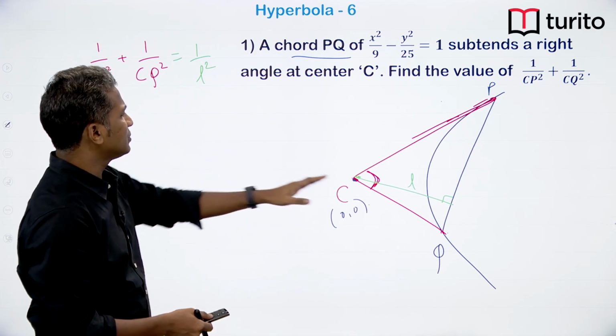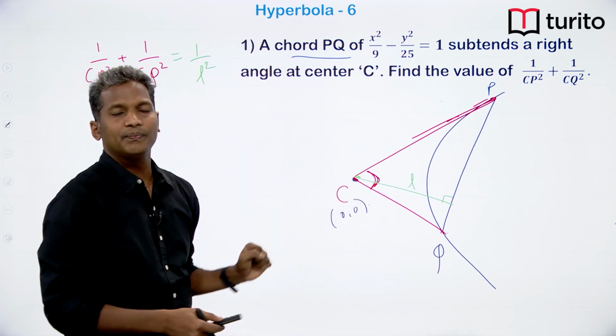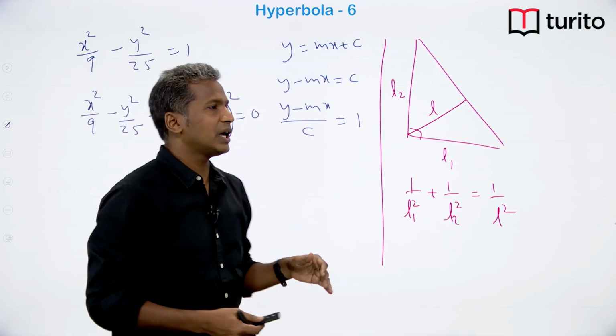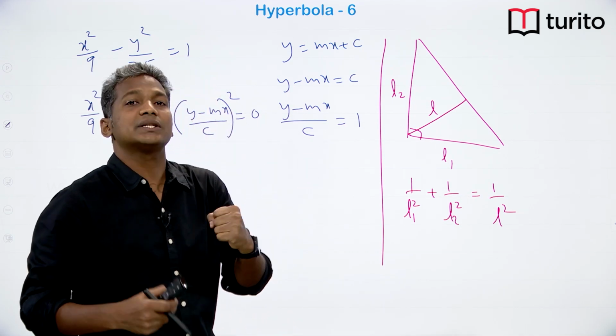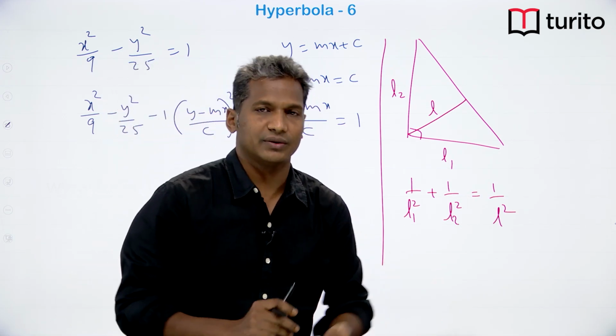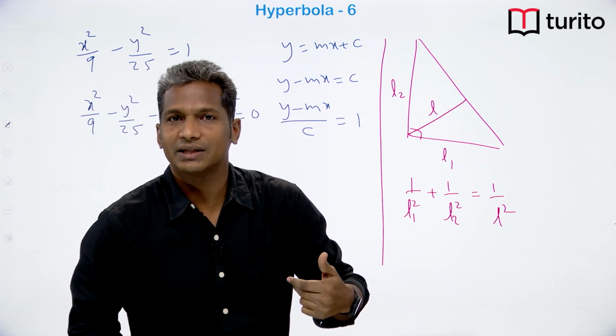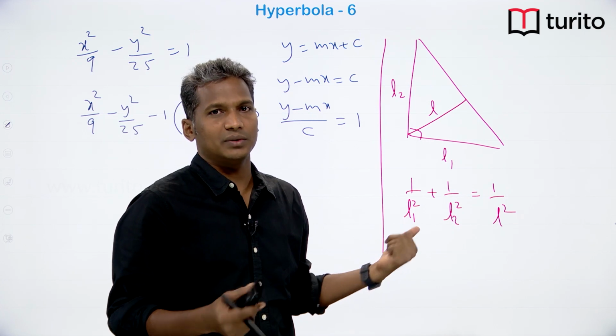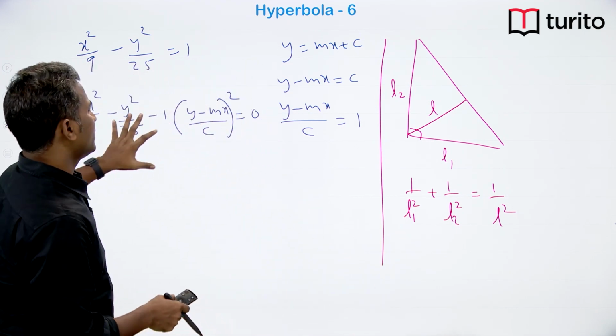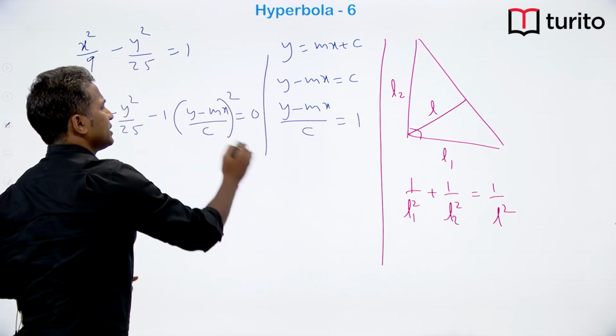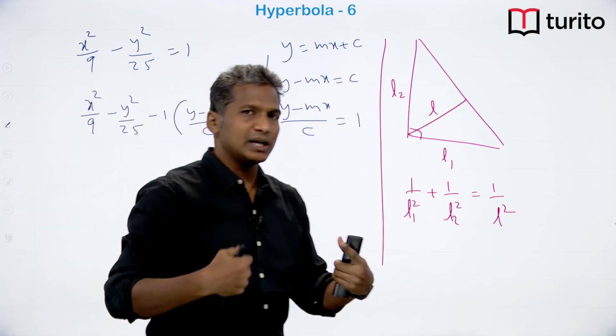Because I have used the chord and also these two points, I am assuming that I am going to get lines for sure. If it is the other case that we are not getting lines, then that means we are not actually solving the problem. Okay. So, here this homogeneous equation is going to represent the lines CP and CQ.